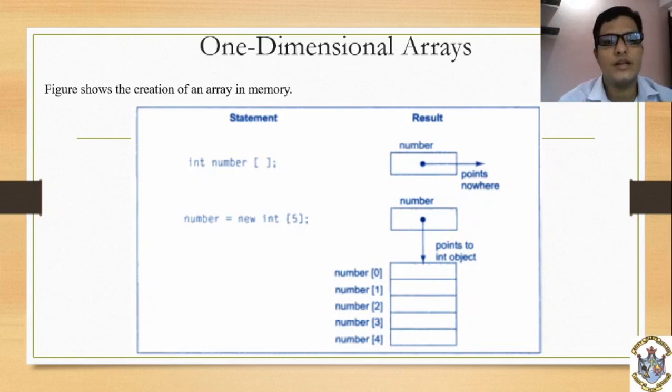Whenever you create the memory with a particular size, automatically that variable points to that object. It is pointing to that memory object. Likewise, you can create the memory for an object. Here the array is also treated as an object. Everything is an object. That is why it is called a truly object oriented programming language.